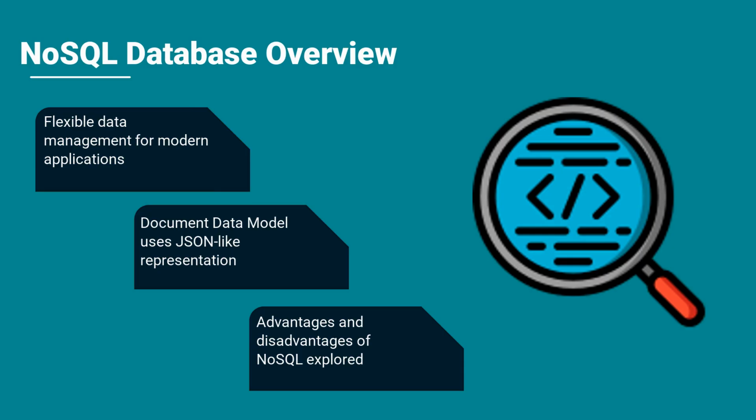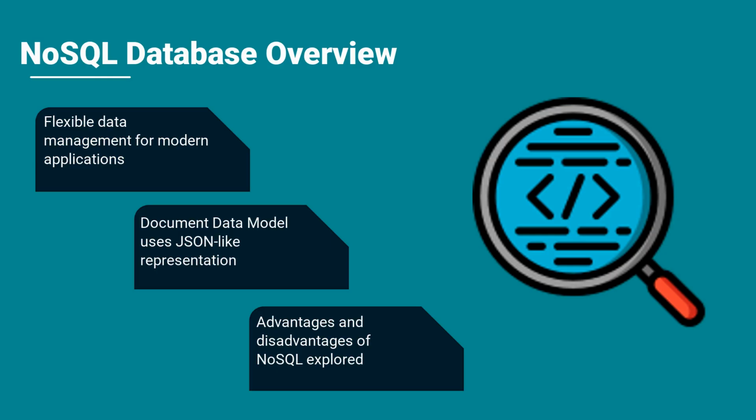So far, we've learned about NoSQL databases as this flexible alternative to the more traditional SQL setup, specifically focusing on the document data model, which uses JSON-like documents for dynamic data representation. We've also covered its scalability, its ability to handle diverse data structures, and some practical examples, like managing user profiles and product details.